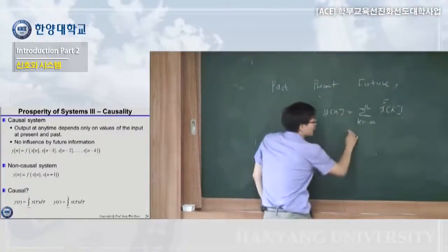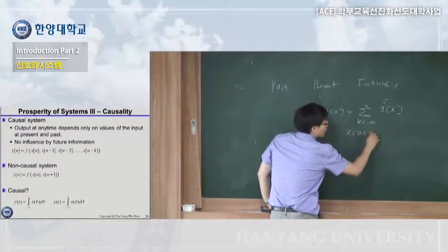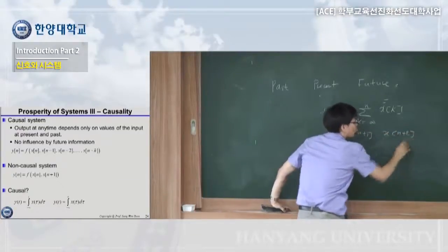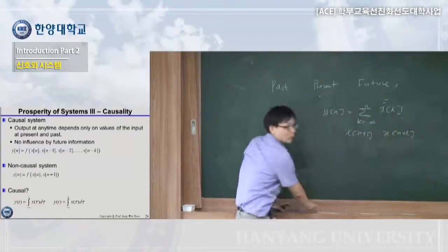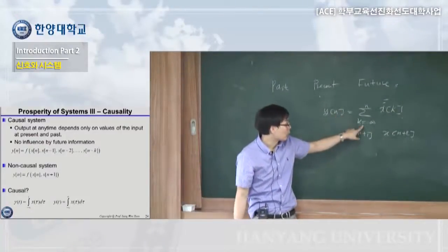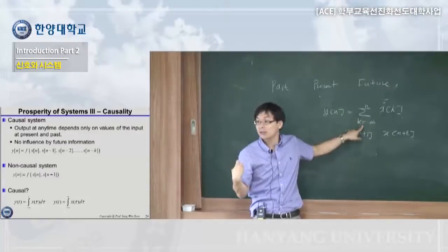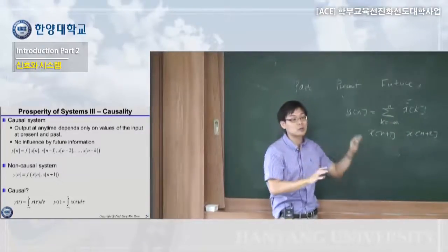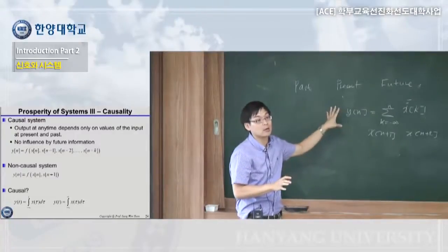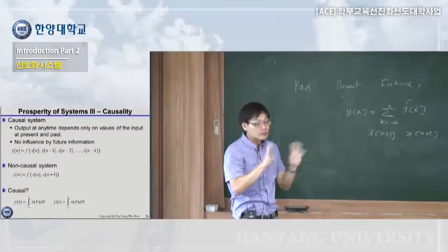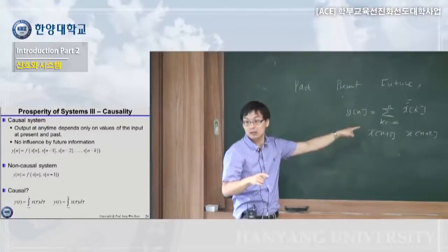We don't have an input like x[n+1] or x[n+2]. That would depend on the future, right? This one has a memory because it depends on the past and the present, but not on the future. So this one is a causal system, but not a memoryless system.